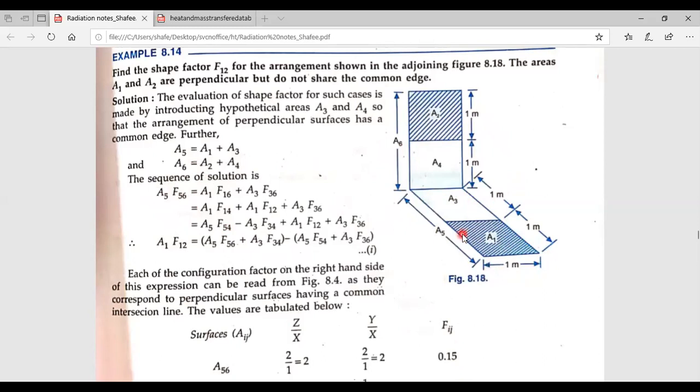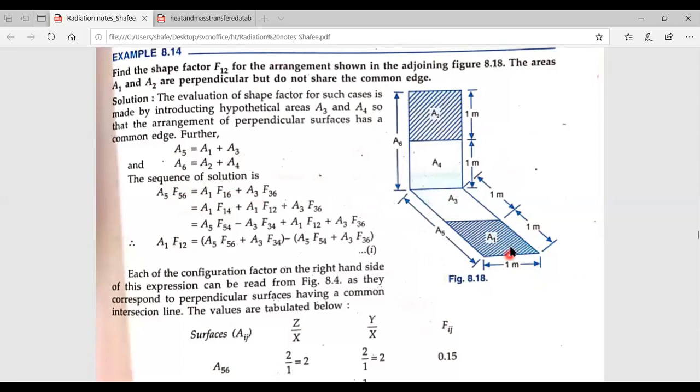A5 consists of two surfaces, A1 and A3. So I'll write A1 F1-6 plus A3 F3-6.